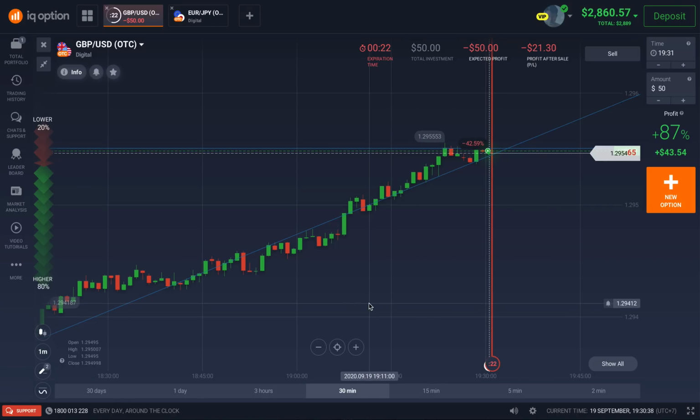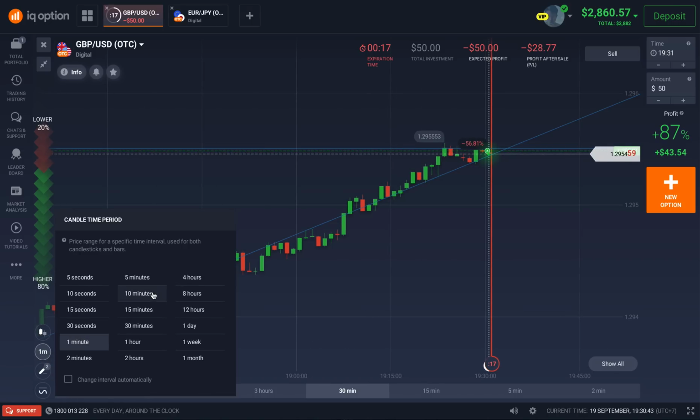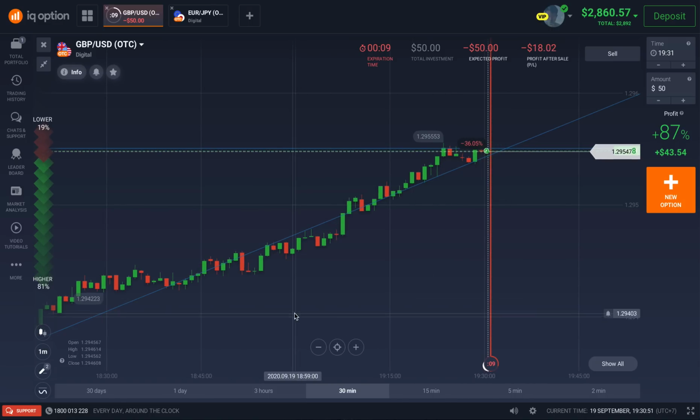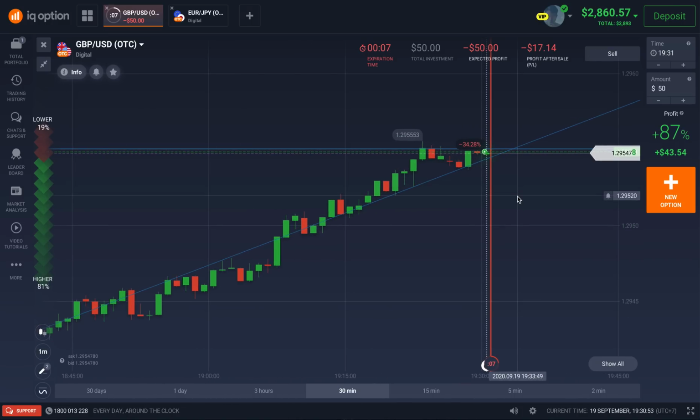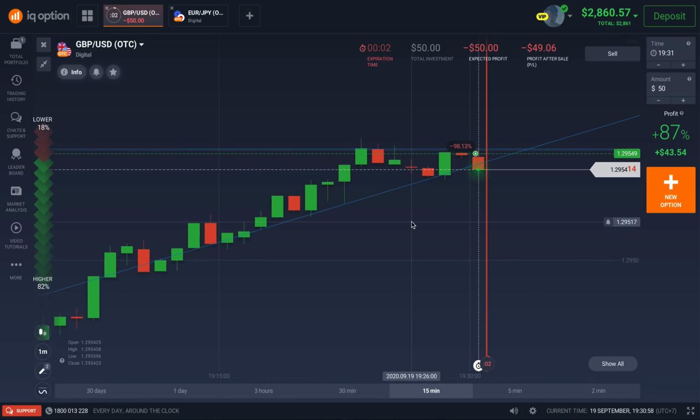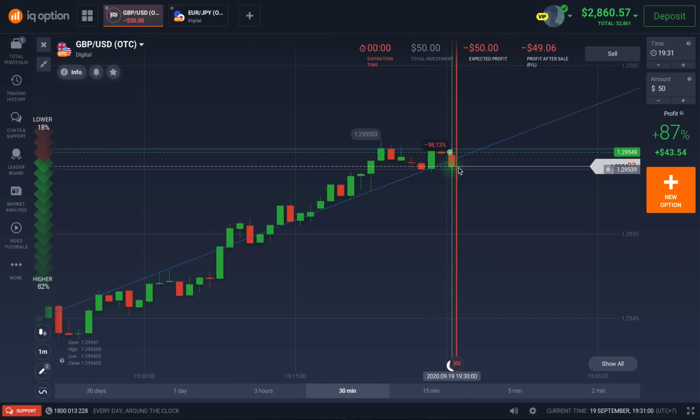So this is the first trade. If I am wrong about this trade, I think maybe in the next couple of minutes it will reverse back to the uptrend. If this one is not right, okay, it's falling to the trend line.